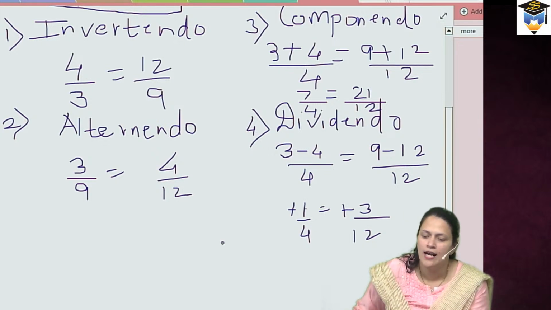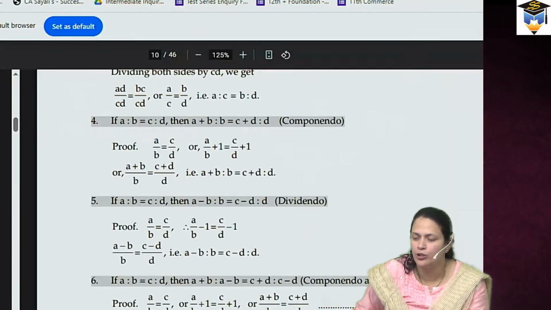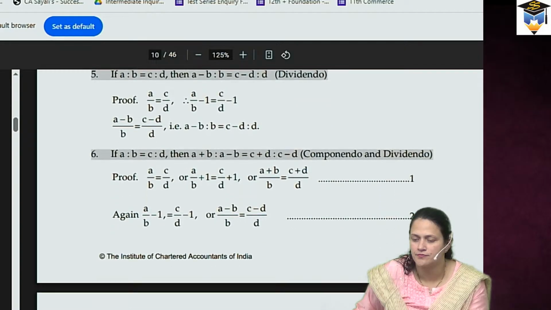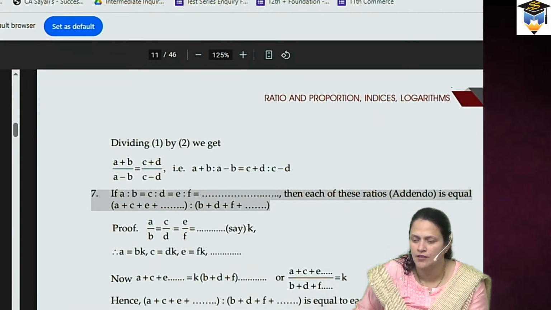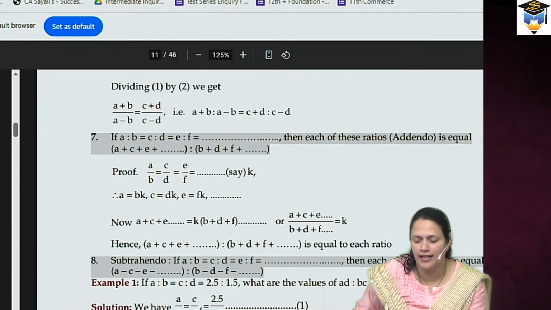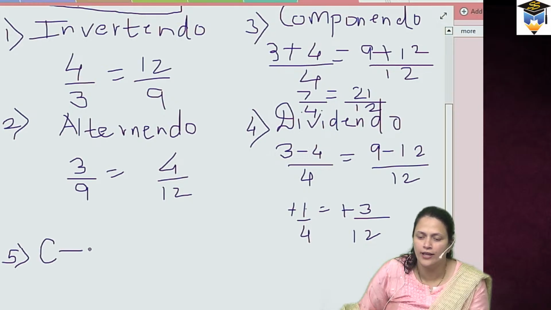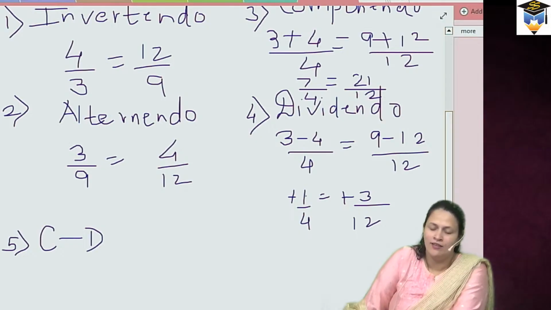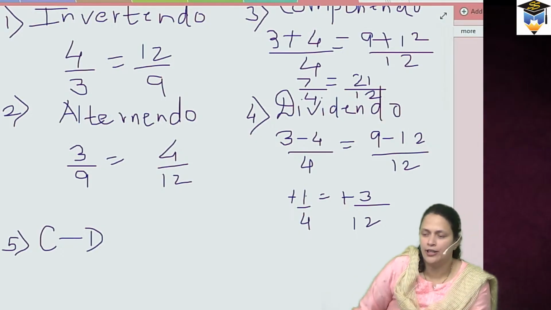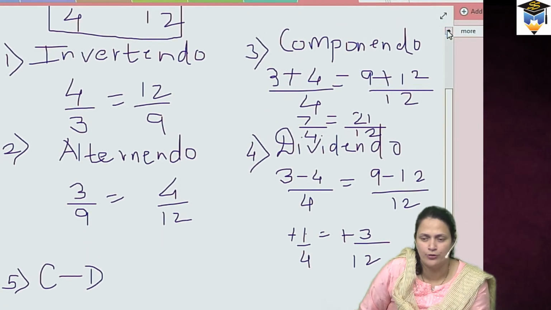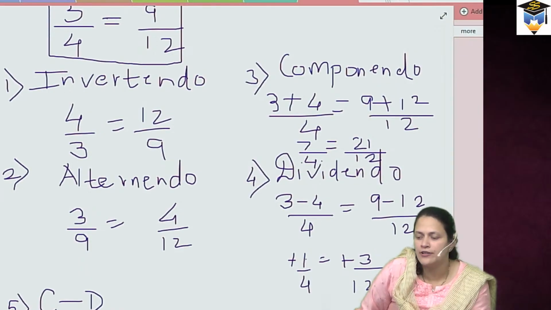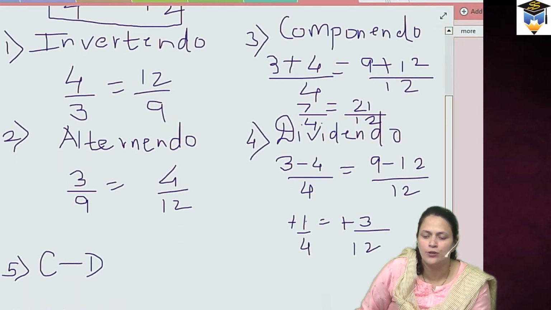Next is applying componendo dividendo together. So the fifth property is componendo dividendo together. Please write down the spellings which I have already given. When we apply componendo dividendo together, the original ratio is given to us as 3 by 4 is equal to 9 by 12.